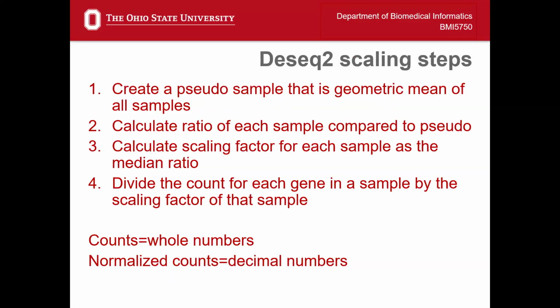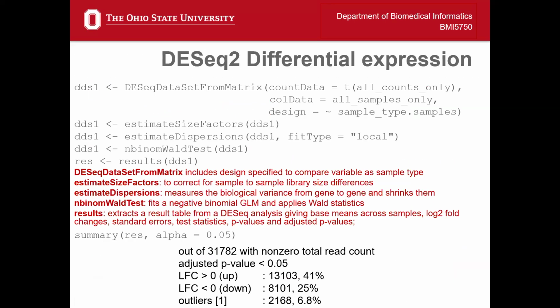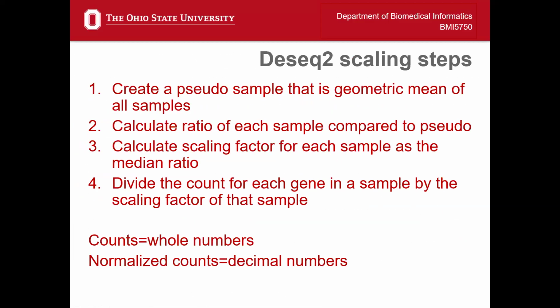Okay, so what is DESeq2 doing for this scaling step? Estimate size factors. Let's say you have 6 samples. It calculates a pseudo sample, which is the geometric average of all of your samples, your sample average. They call it a pseudo sample.